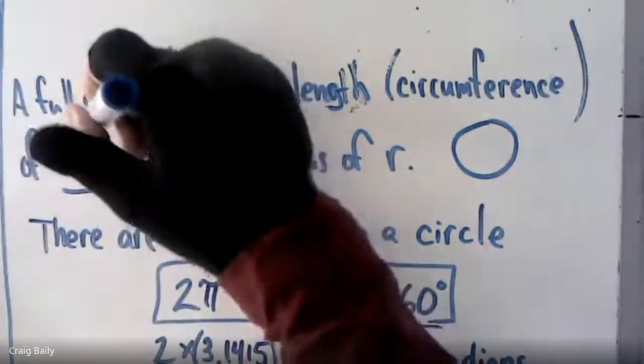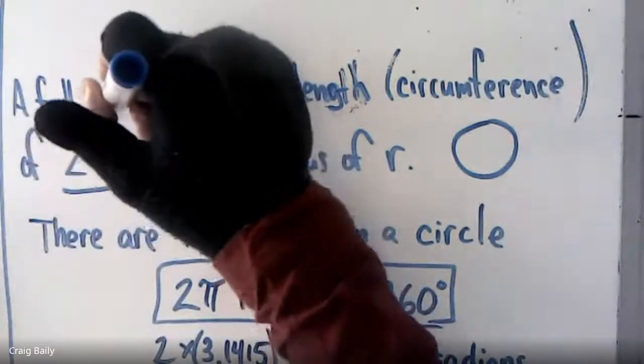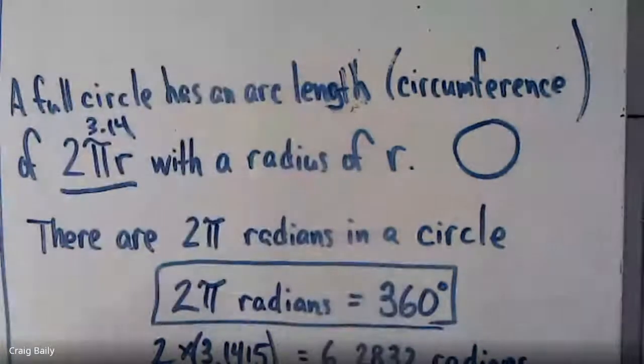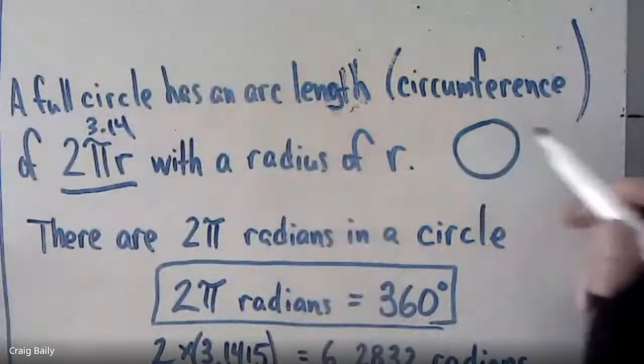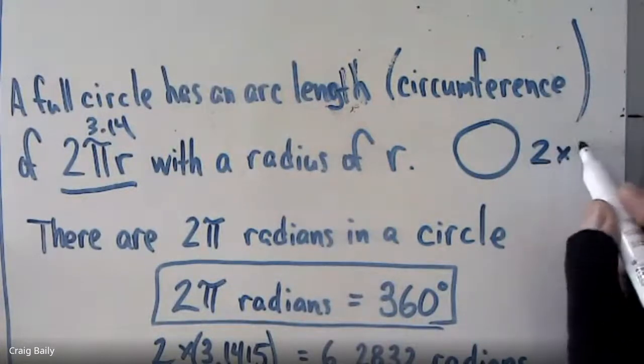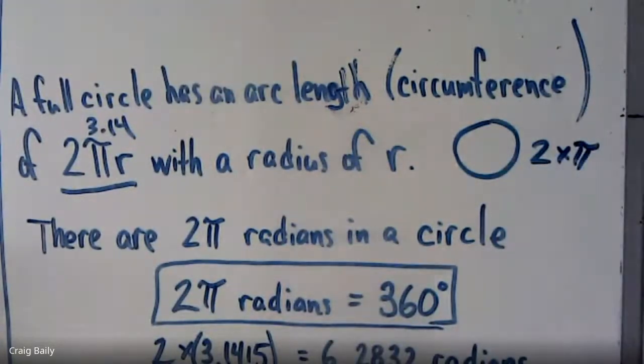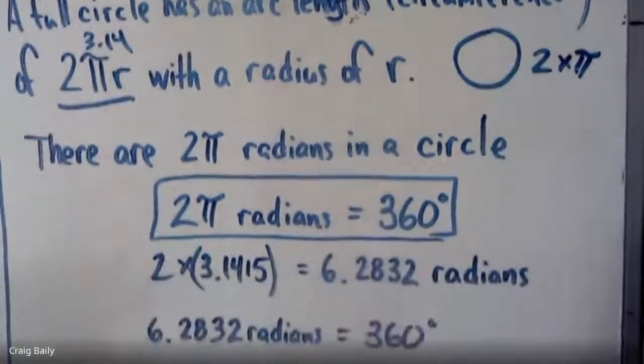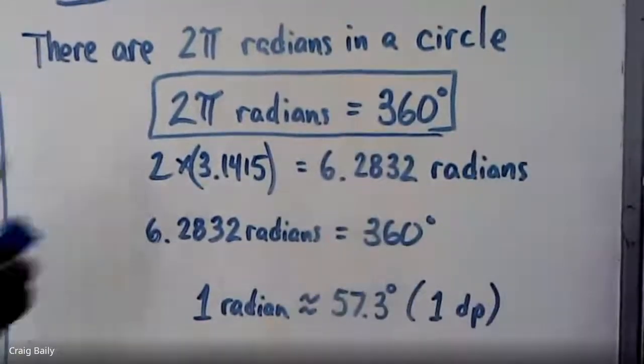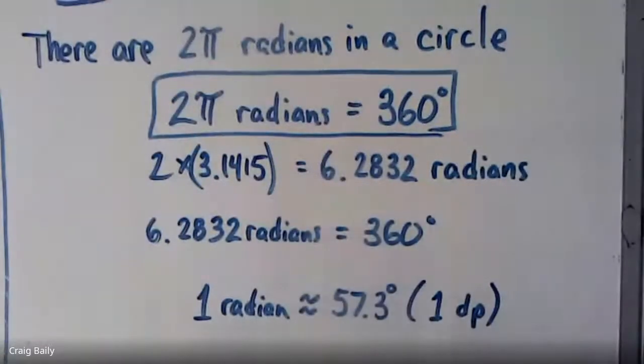Remember that pi is a number, 3.14. So the whole circle would be 2 times pi radians. In other words, there are 2 pi radians in a circle.